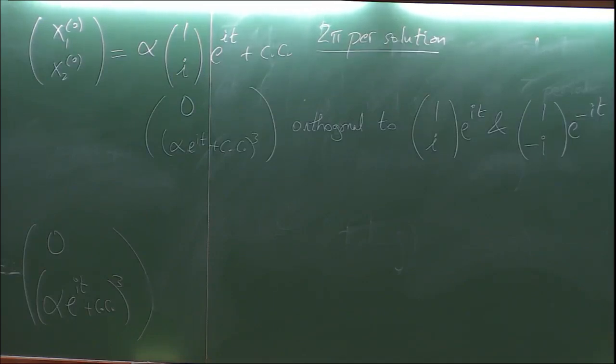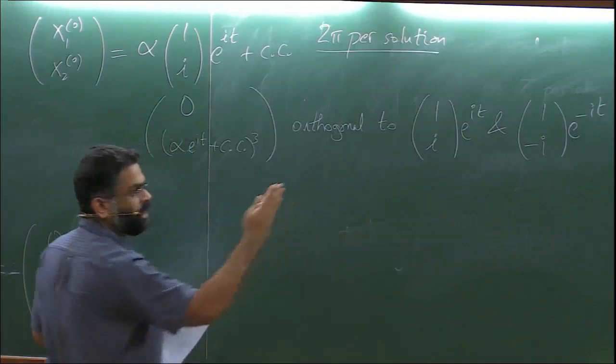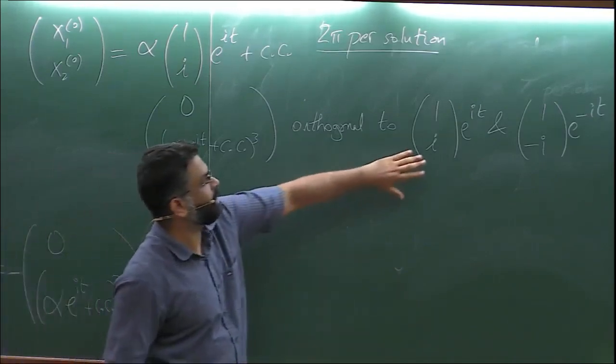Orthogonal in what sense? In the sense of my inner product. So I have to take a Euclidean inner product and then integrate over time. Which time? Over 0 to the period, which is 2 pi. Okay? So what's going to happen when I take an inner product here?